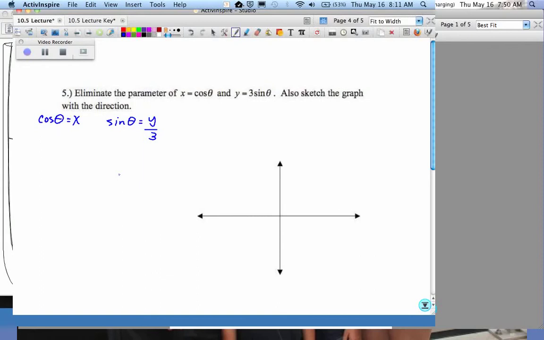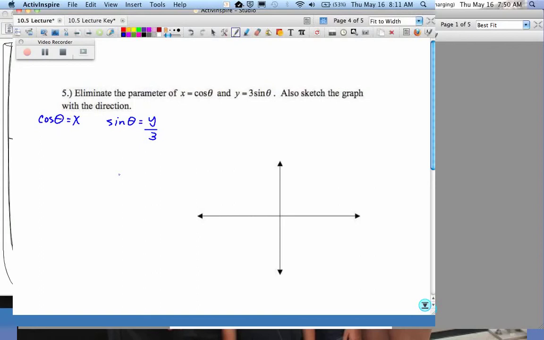Does anybody know an equation that would use sine and cosine in one equation? Tangent, okay, tangent or cotangent, but you just introduced tangent, cotangent. Another one that uses sine and cosine in the same equation. What's your equation though?